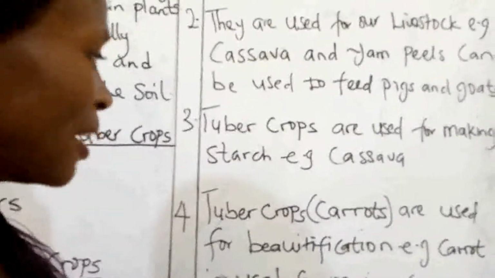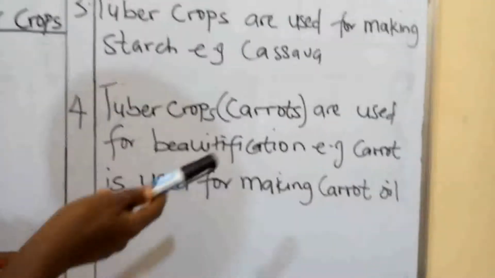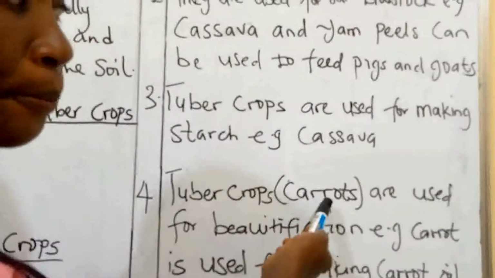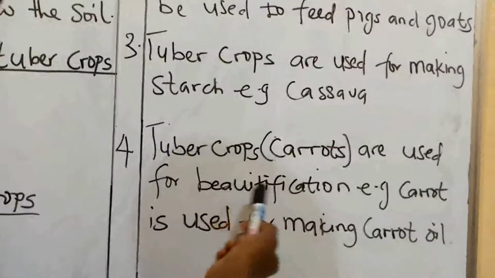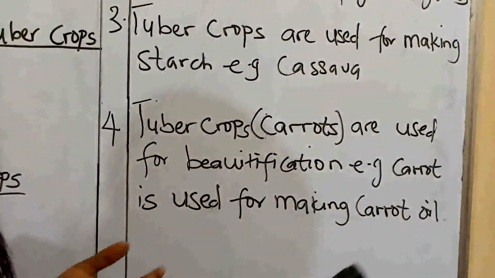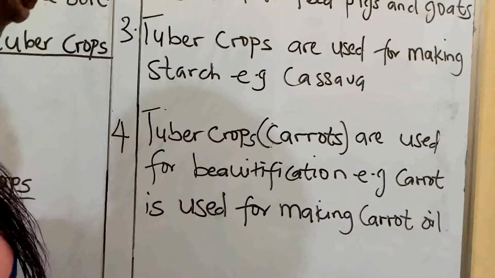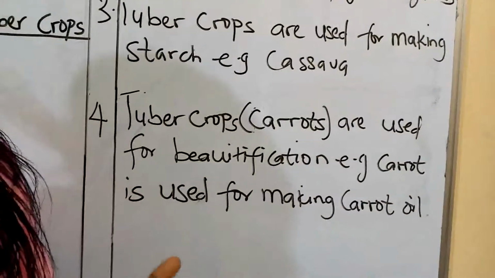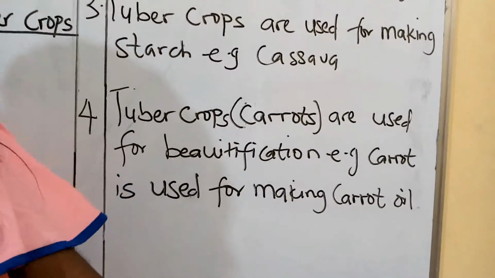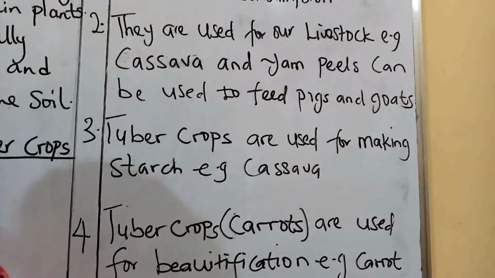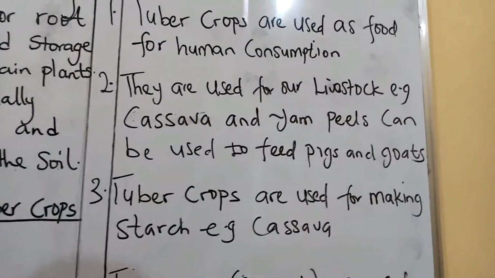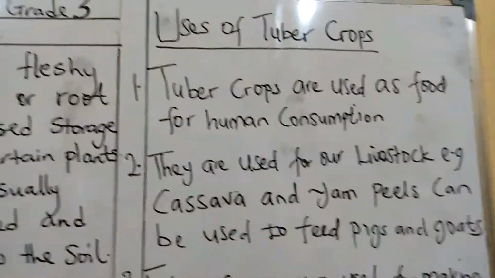Okay, last but not the least for today, we say here that tuber crops, example carrots, are used for beautification. The oil we get from carrots we use to rub on our skin, and it beautifies our skin.